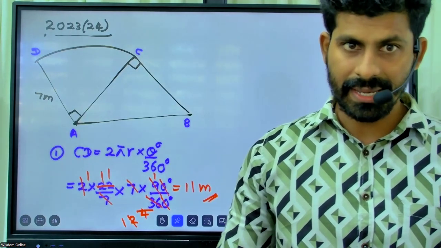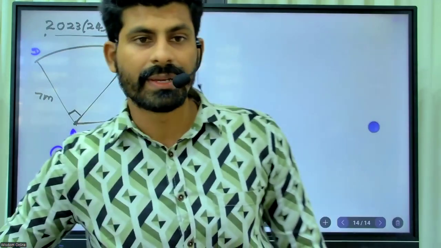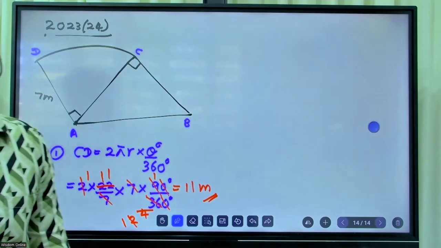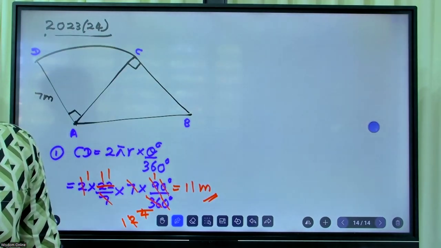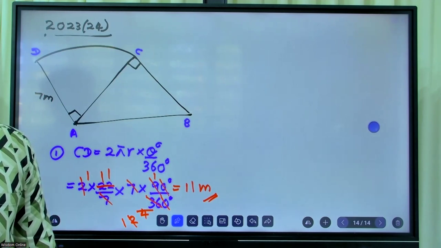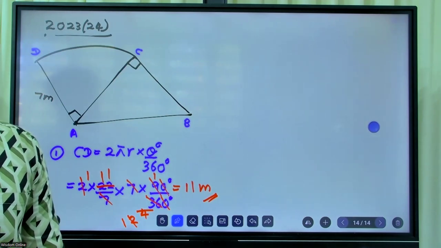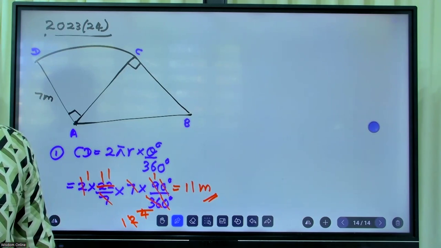Right, okay. Then I'm quickly moving to the next one. So 11 meters is the fence.